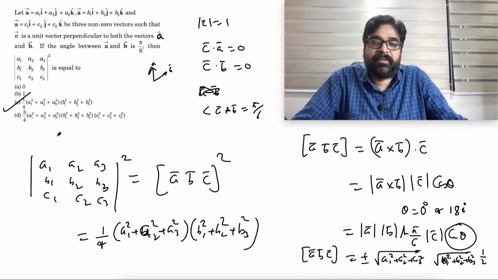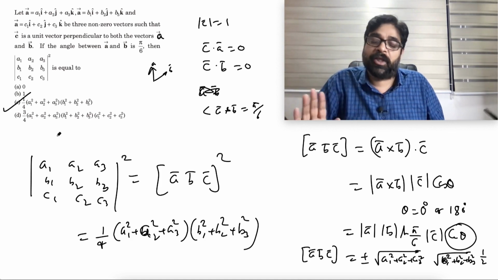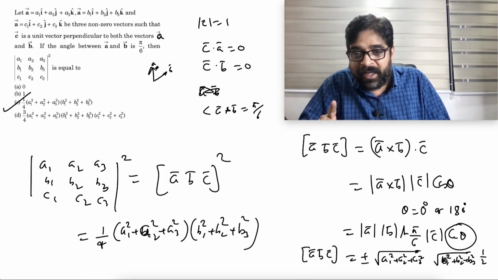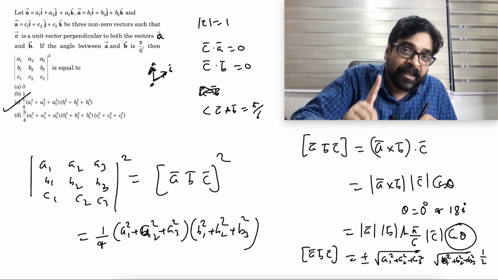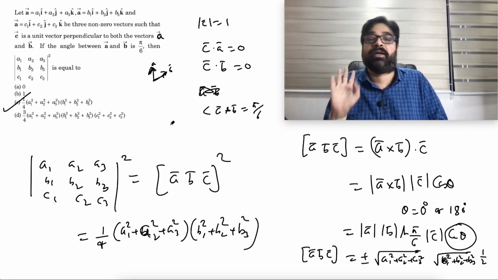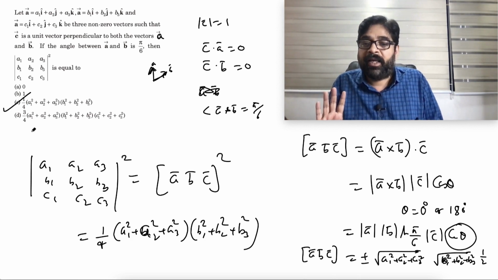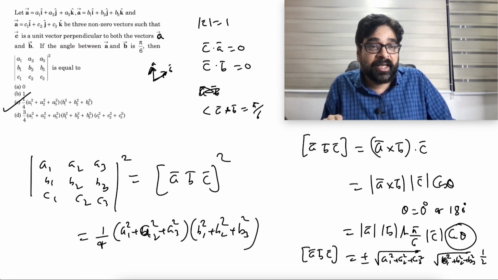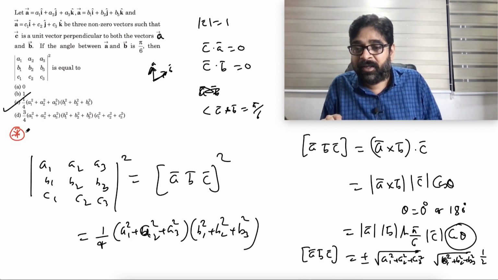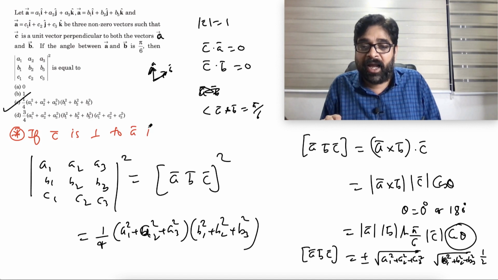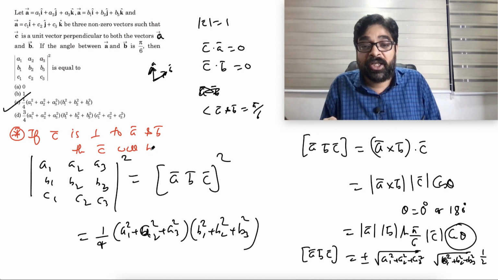Simple. Nothing else. The only thing I'm trying to tell you: if any vector is perpendicular to A and B both, it will be either parallel or anti-parallel to A cross B. If C is perpendicular to A and B, then C will be collinear with A cross B. Don't say parallel.